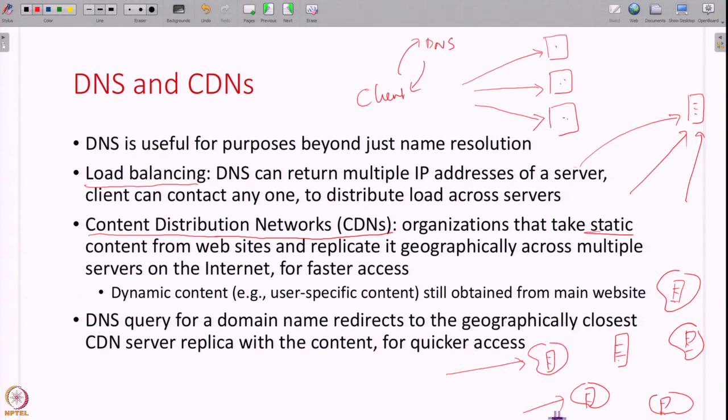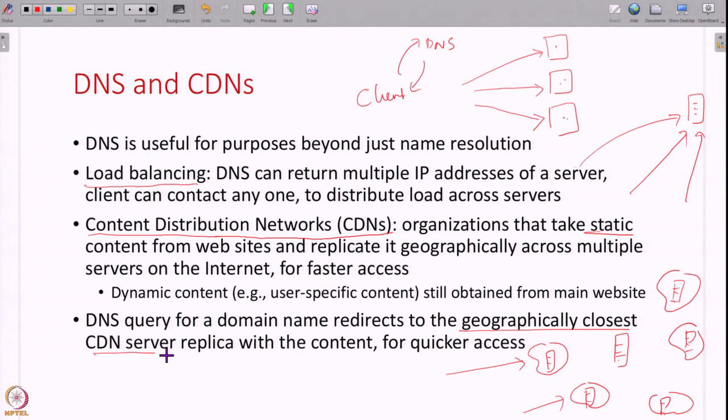If somebody from another region asks for the same domain name, give them the IP address of this server that is geographically closer to them. Okay, so CDNs work along with DNS in order to redirect requests to the geographically closest CDN server replica. This ensures that content is accessed much faster on the internet today.